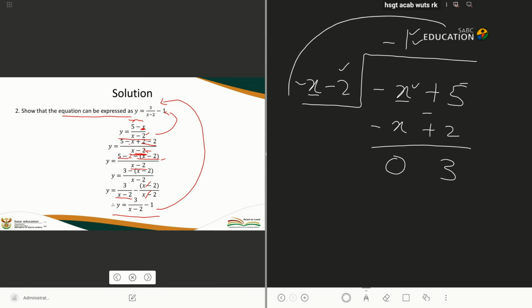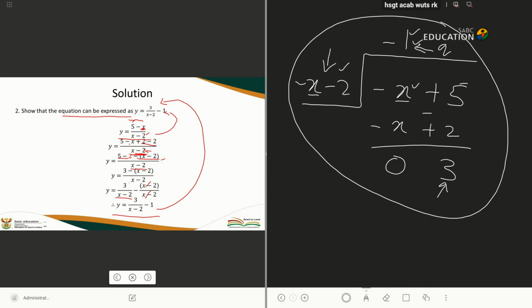On these workings that I've done, I want to show you something. On the general form, this is your denominator. This right here, which is your quotient, is your Q. That remainder there is going to be your A. We know the general form is given as A over x plus p, plus Q. So from what I've just done, I have my Q, I have my A, and I have that as my denominator.